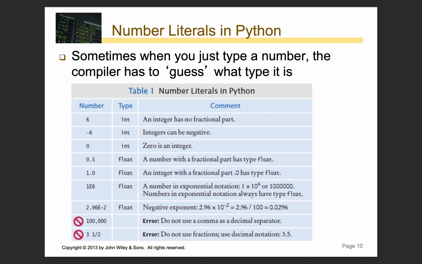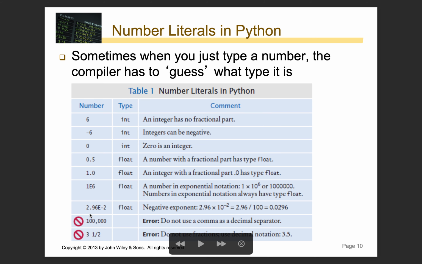So numbers in scientific notation, or exponential notation, always have the type float. And you can also have negative exponents, so 2.96e-2 stands for 2.96 times 10 to the minus 2, which is the same as 2.96 divided by 100, which is 0.0296. And that would also be given the type float.